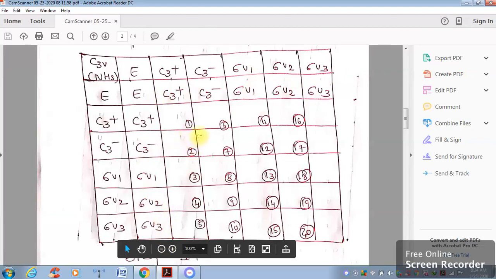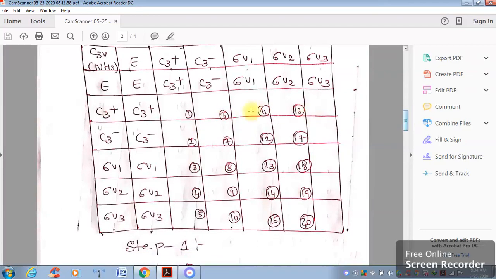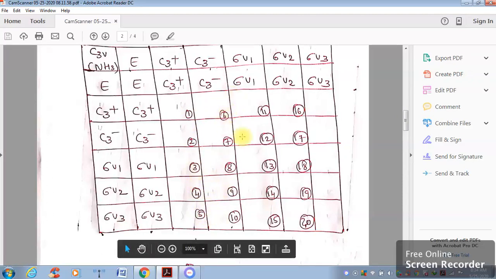Next, the remaining boxes I will label as box number 1, 2, 3, up to 20.